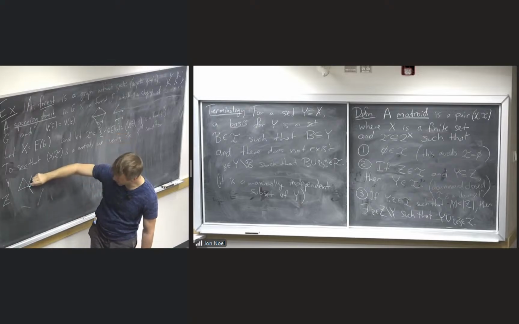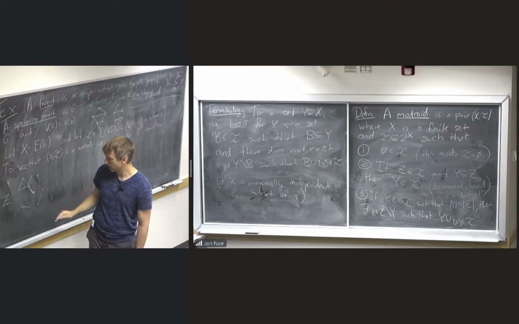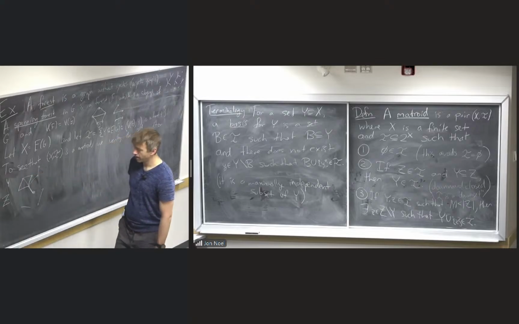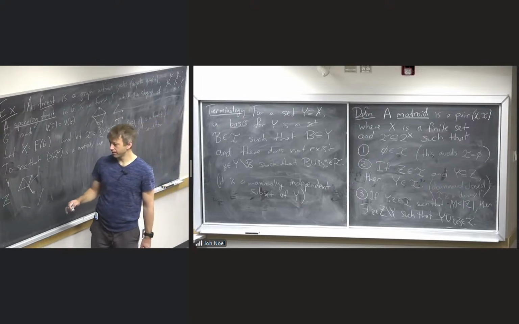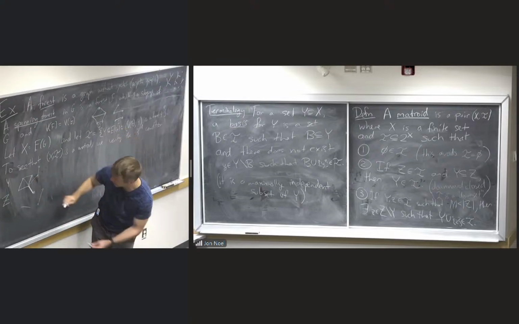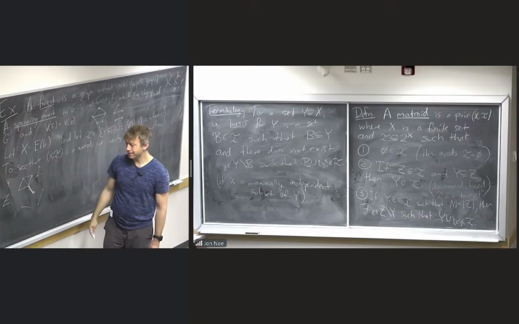And Y and Z could have some edges in common, so maybe this one's both colors. I don't know how to draw that. But yeah, Y has 5 edges, Z has 6.